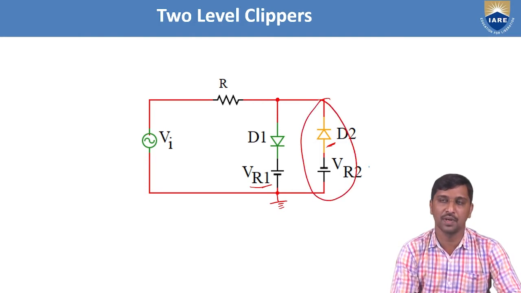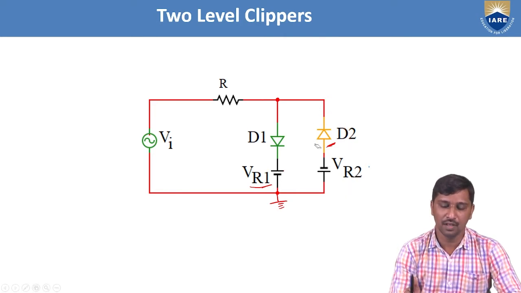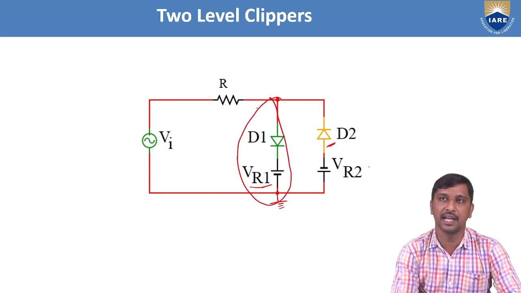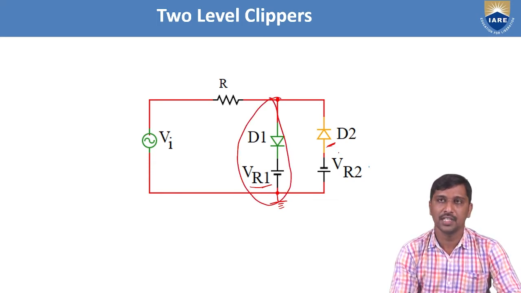If I remove this node, this circuit acts as a positive peak clipper with some positive reference voltage. Similarly, if you remove the D1 portion along with VR1, this circuit looks like a negative peak clipper with a negative reference voltage.